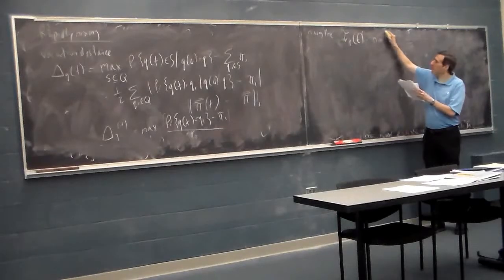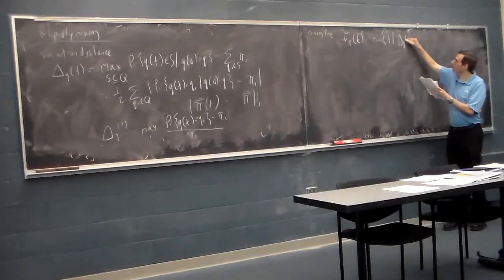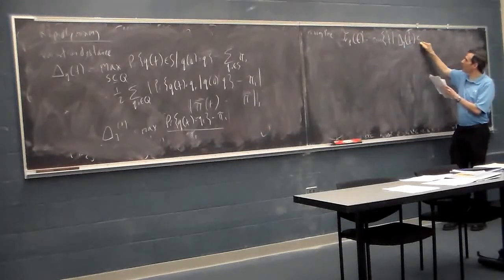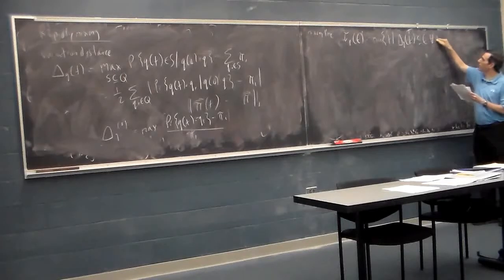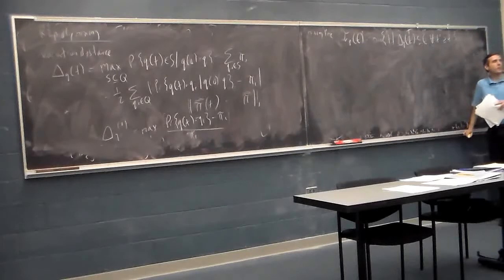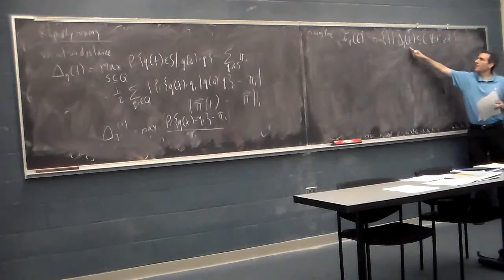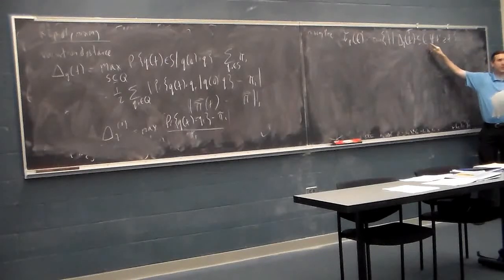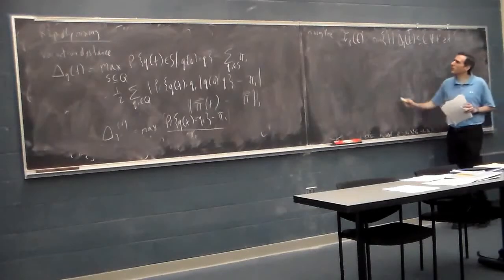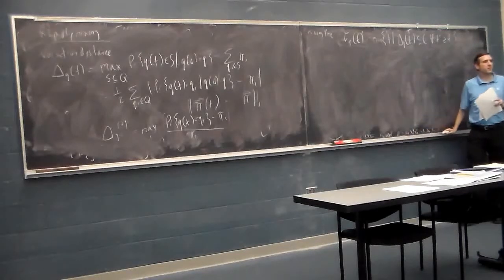It is the minimum over times t such that delta sub q of t prime is less than or equal to epsilon for all t prime greater than or equal to t. In other words, what is the shortest t we need to get to such that we're guaranteed the variation distance is smaller than epsilon at that time and at all times going forward? That's what we'll usually formally mean by the mixing time of the model. Any questions about that?